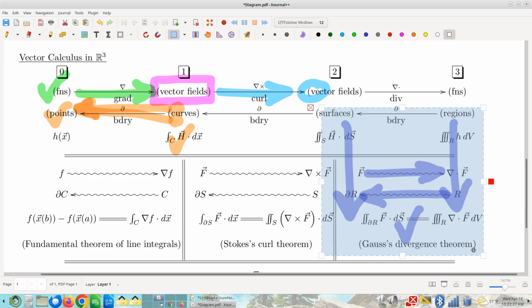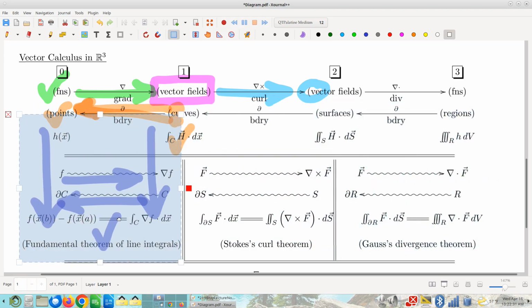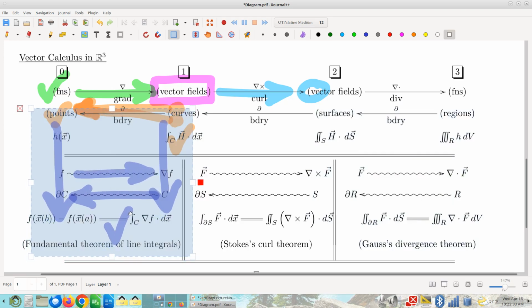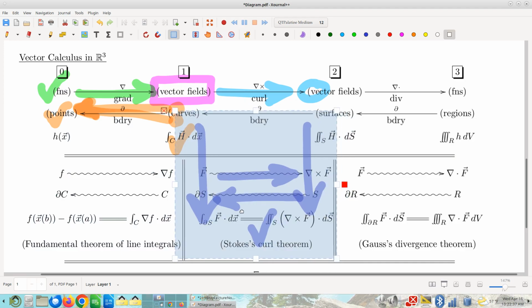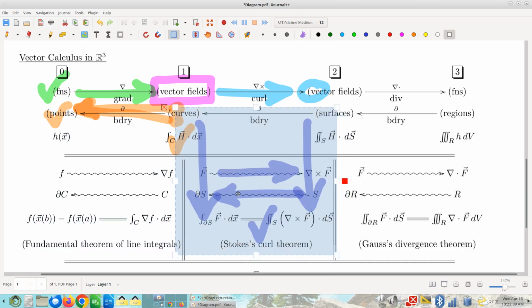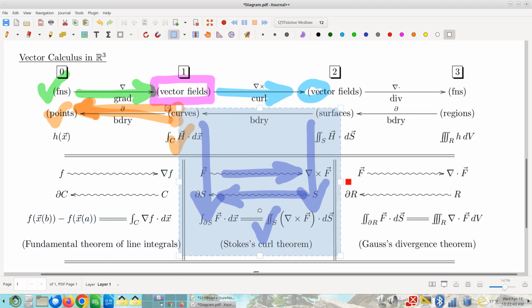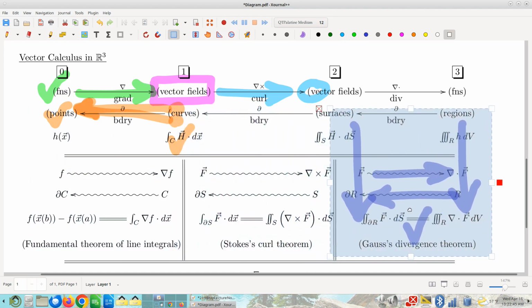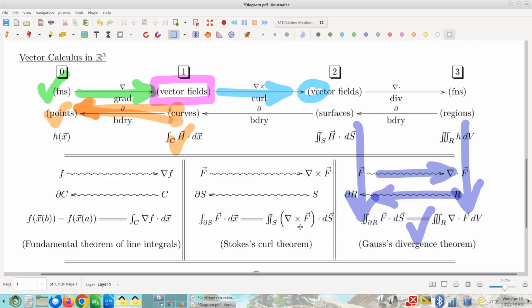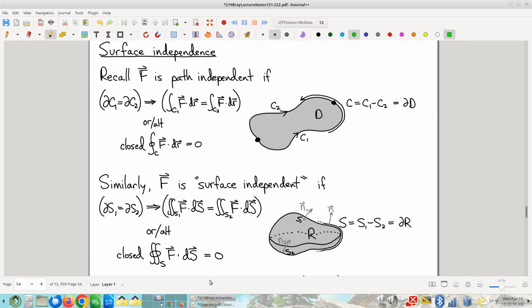And as we observed previously, if you were to do the same thing for the fundamental theorem of line integrals, it looks like that, same pattern. If you do it for Stokes' theorem, same pattern. Again, shockingly consistent, and very interesting that it is so consistent. Okay, all right, so anyway, back up here.